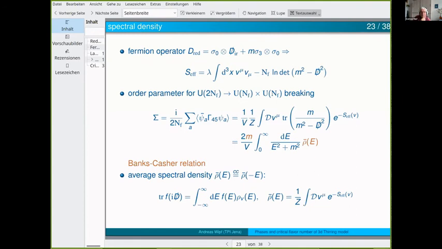where for a given auxiliary field, the spectral density is defined by this equation. So if you want to calculate the trace of a function of the Dirac operator, it's done by the spectral density. And for the average one, you also have now to average this. Oh, there's a rho of E missing on the right-hand side.